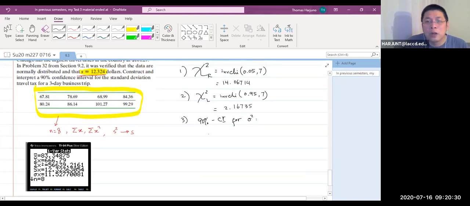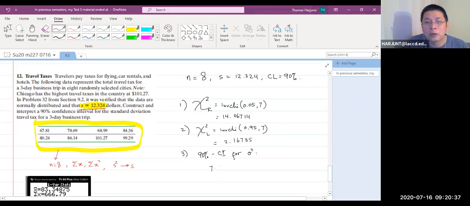So this one is degree of freedom 7 times sample variance, 12.324 squared, over chi-squared right, 14.06714, less than sigma squared less than 7 times 12.324 squared over 2.16735.